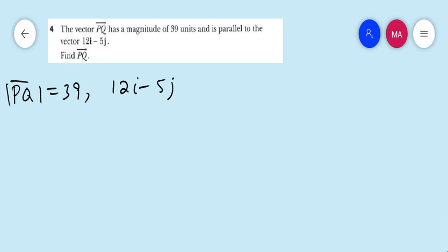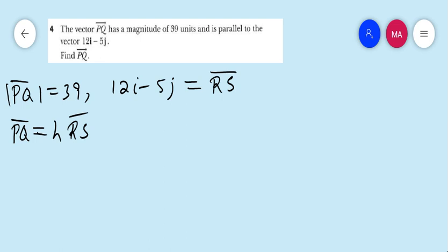So assign the name of this vector, 12i minus 5j, as RS. If two vectors are parallel, then they are multiples of each other. So PQ is equal to h times RS.